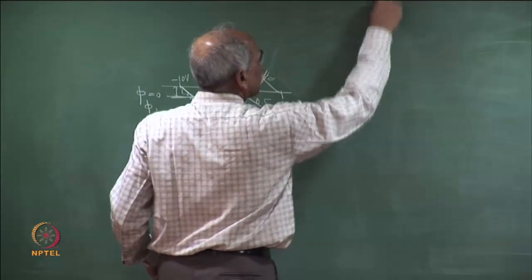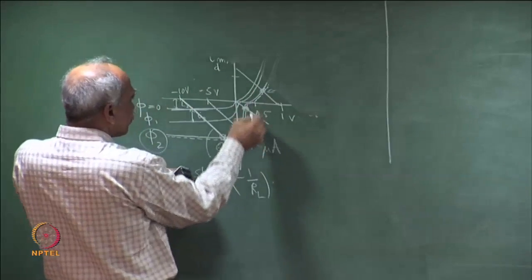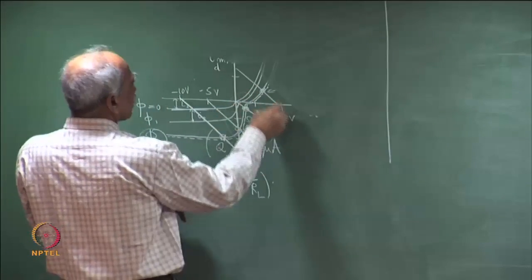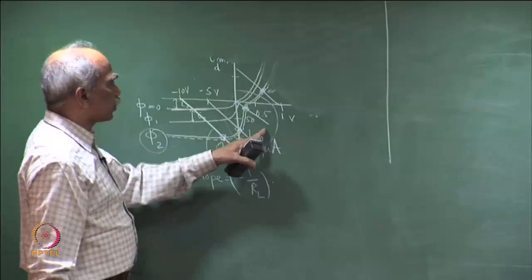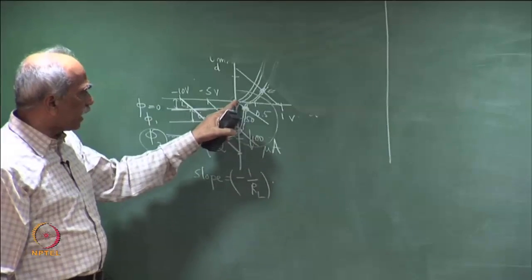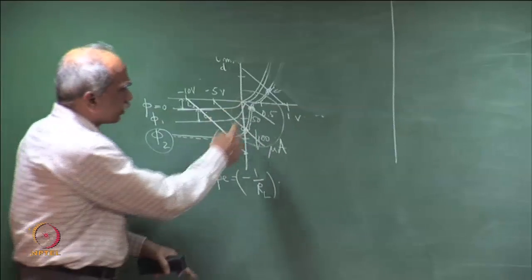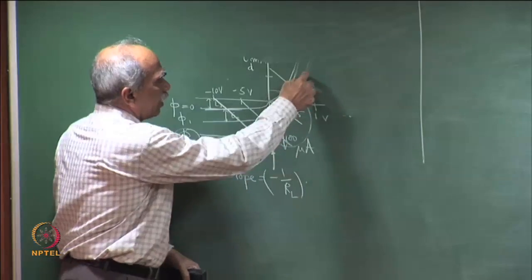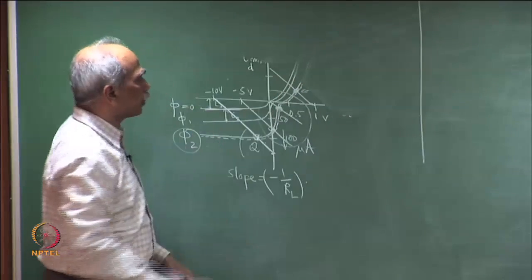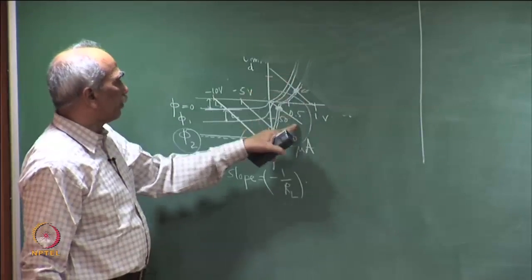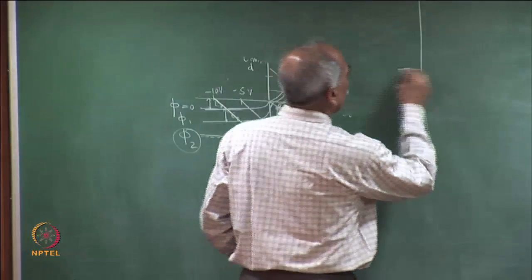So, here is the characteristic, and let me zoom this part of the fourth quadrant, because I am interested in solar cells, which means we are not applying any voltage, VB is 0. So, this is the fourth quadrant, and let me draw that.